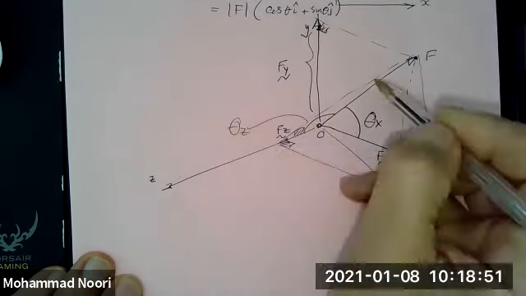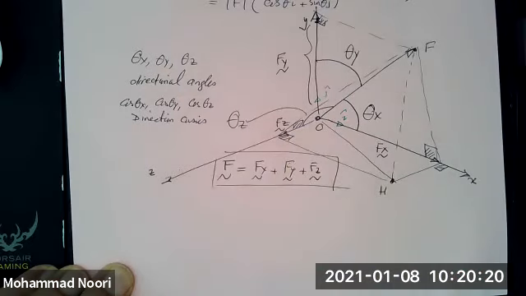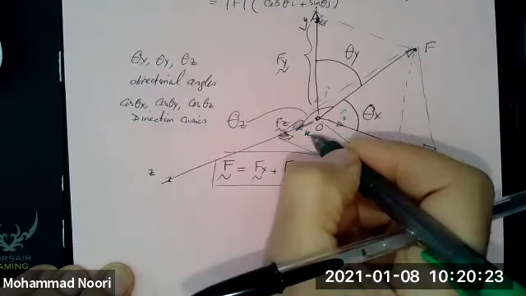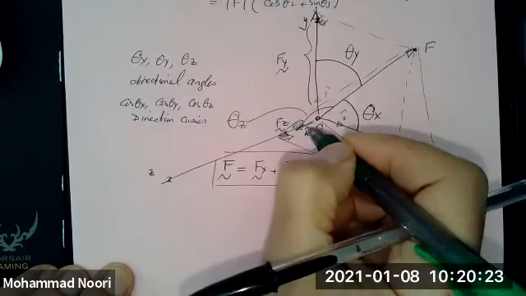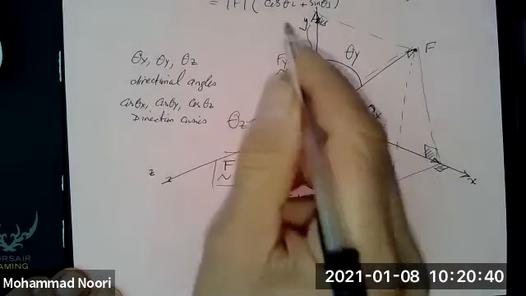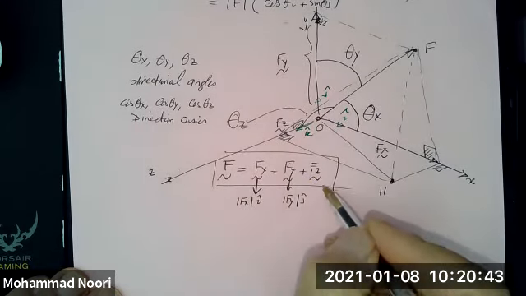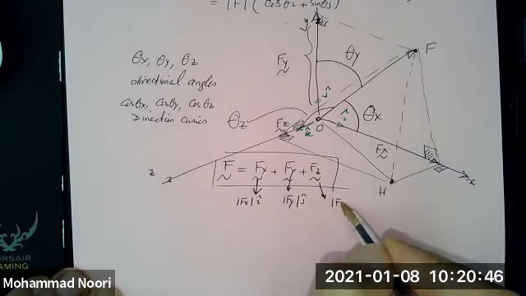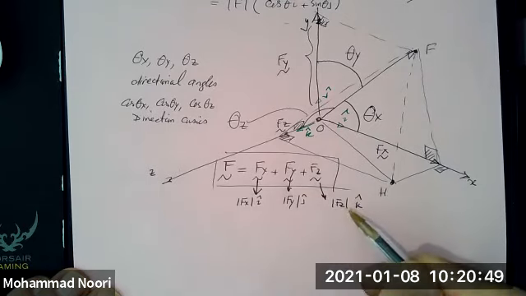But in Cartesian coordinates, similar to 2D, we introduce unit vectors along these axes, which we call i, j, and k. So following the definition of unit vector, we know that F sub x as a vector is the magnitude of F sub x times i. F sub y is the magnitude of the projection along y times j, and F sub z is the magnitude of F sub z times k.